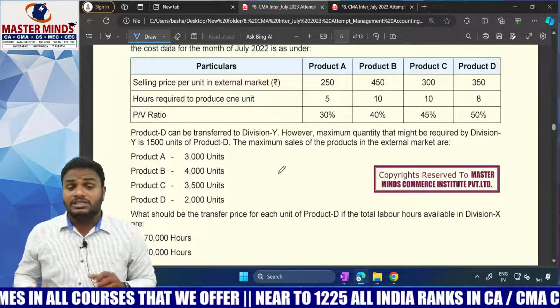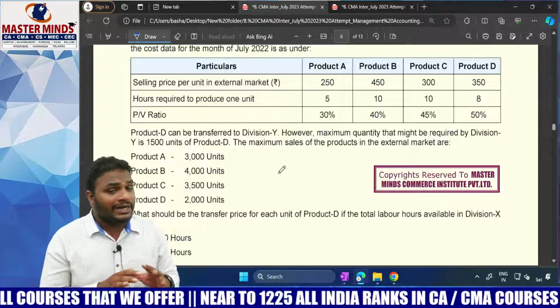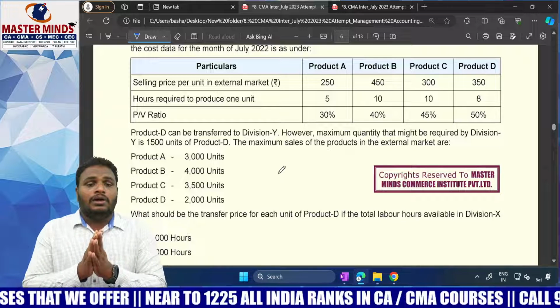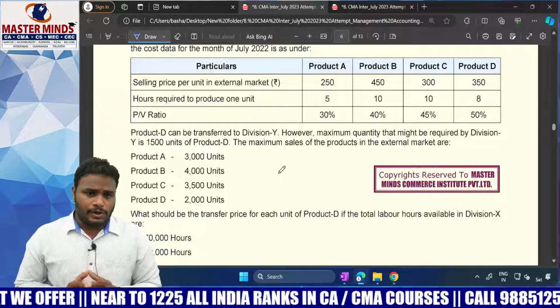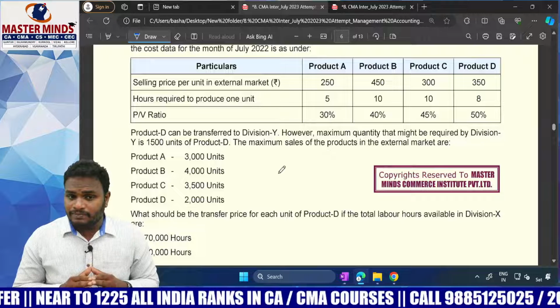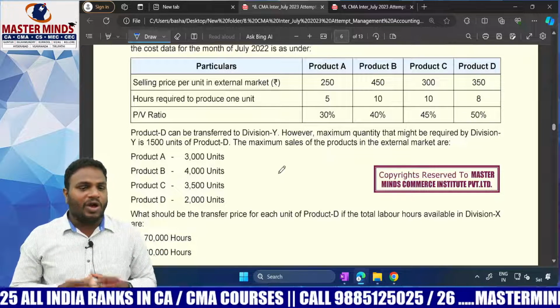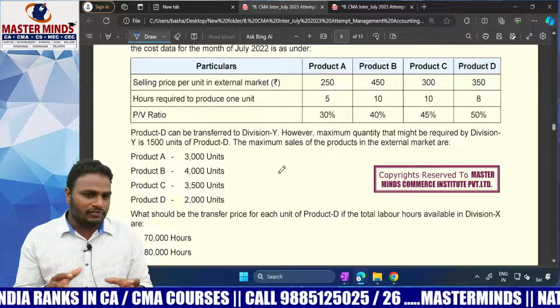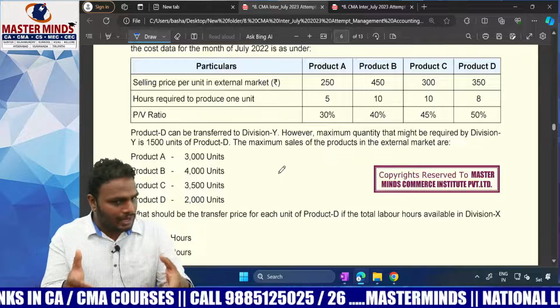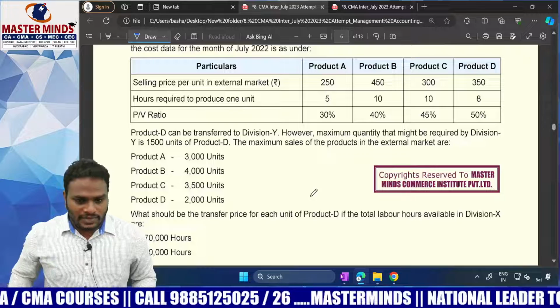Now this problem is based on transfer pricing on opportunity cost. At the same time, time is constrained. We have to apportion this time on the basis of the rankings of the contribution per hour. Let us see.